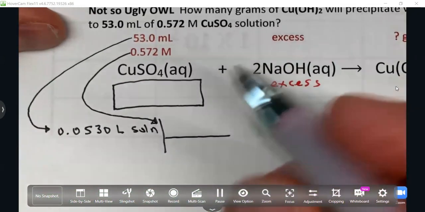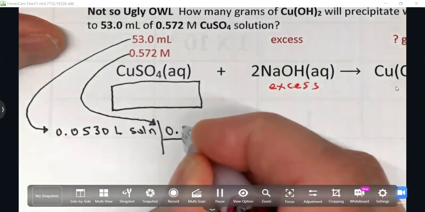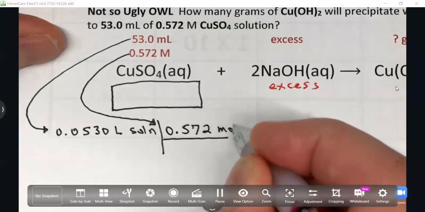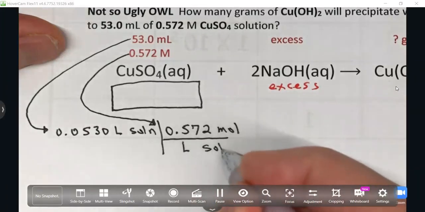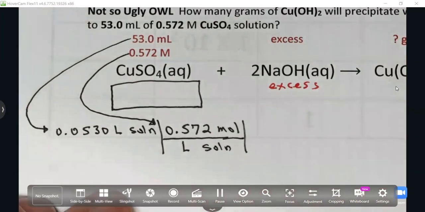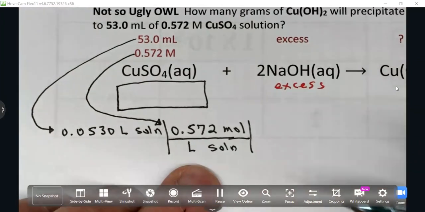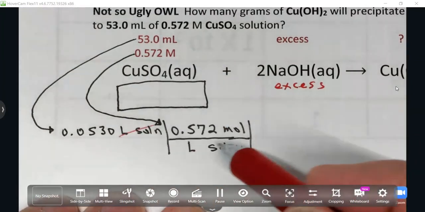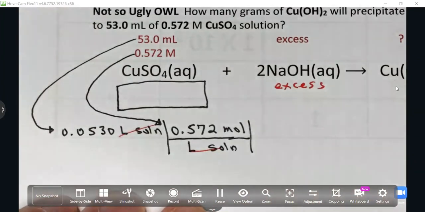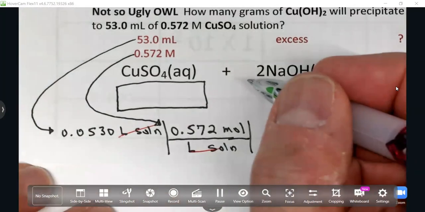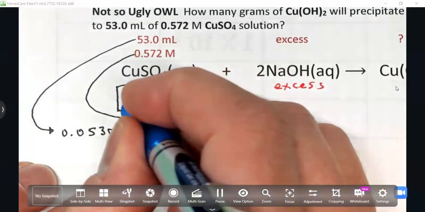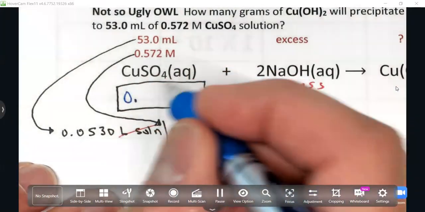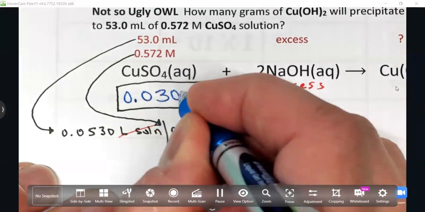And then here, it is 0.572 mole per liter of solution. So that gives me my starting moles. And if I keep an extra sig fig, my starting moles is 0.03032.